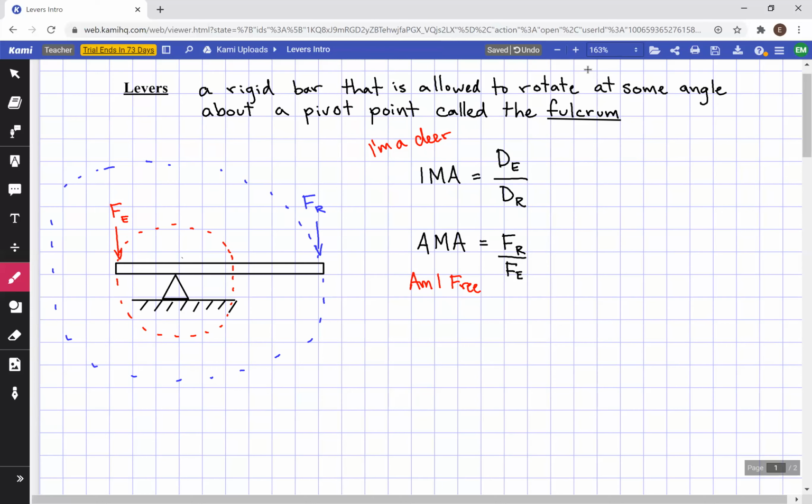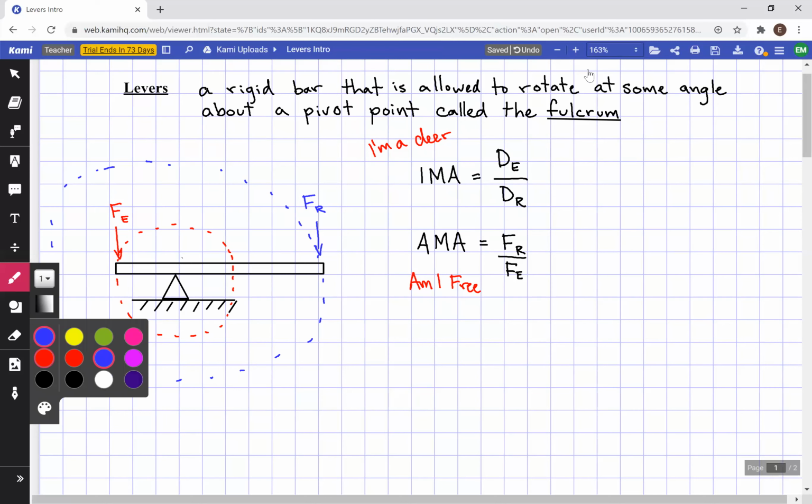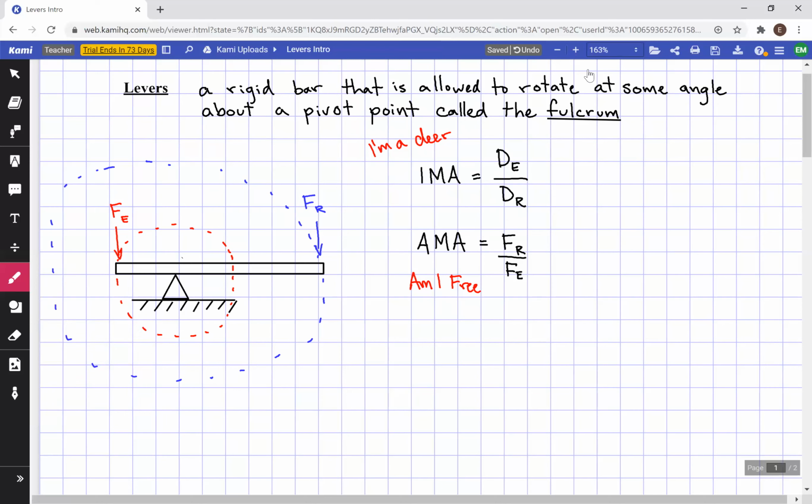And so we can look at the distance traveled by each of these forces as the ratio of the circumferences of these circles. So if I want to figure out the circumference of the big circle, we just need to figure out what's the radius to the resistance force from the fulcrum. And we will just call that RL because it's the load, right? This is also FL.